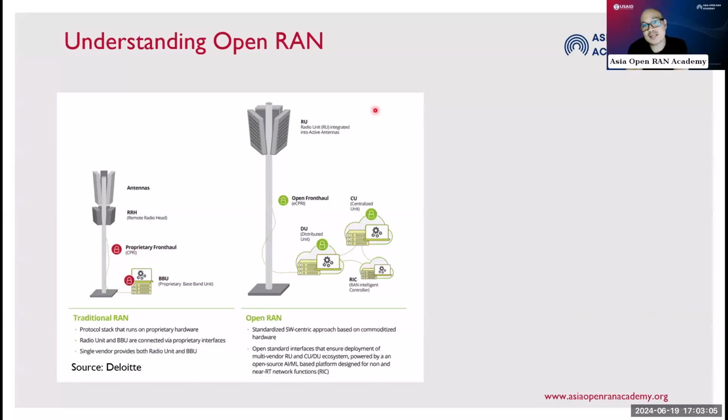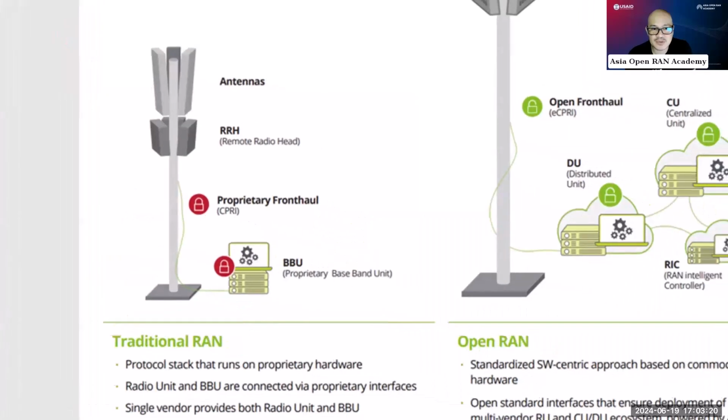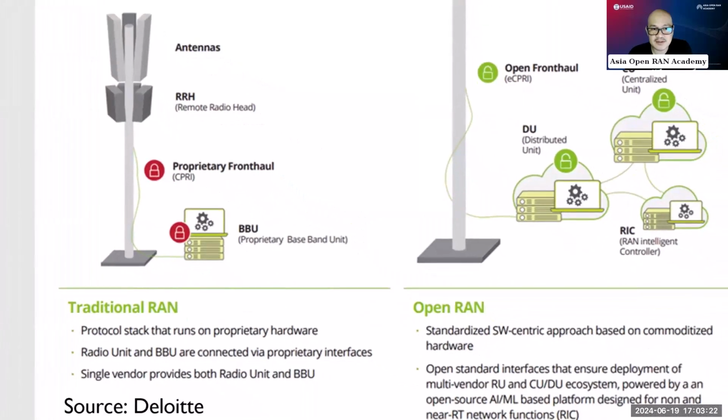You always see this every day in your daily lives, especially here in the Philippines. Usually you can see antennas, the remote radio unit, and a CPRI, a proprietary interface. This is connected to the baseband unit, which acts like the CPU of a computer.